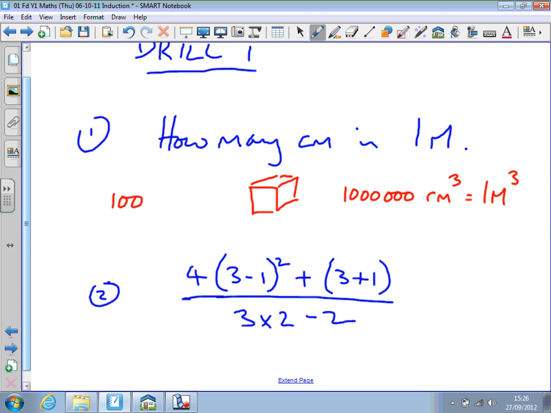Shorthand way of writing 1,000,000? 1 times 10 to the 6th, or just 10 to the 6th because it's taken as read, there's no number in front, it's a 1. So 10 to the 6th cubic centimetres is 1 cubic metre, for example. So beware of those things. If you're talking about square or cubic units, you've got to multiply up.